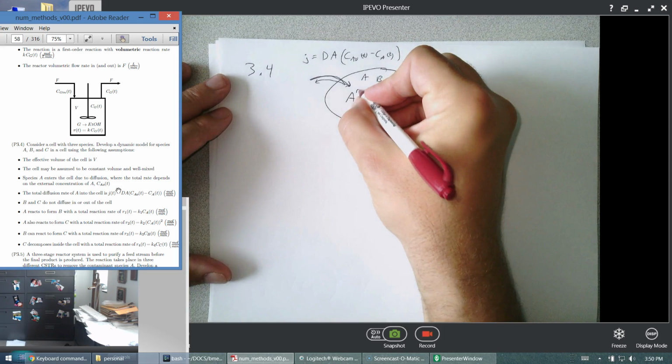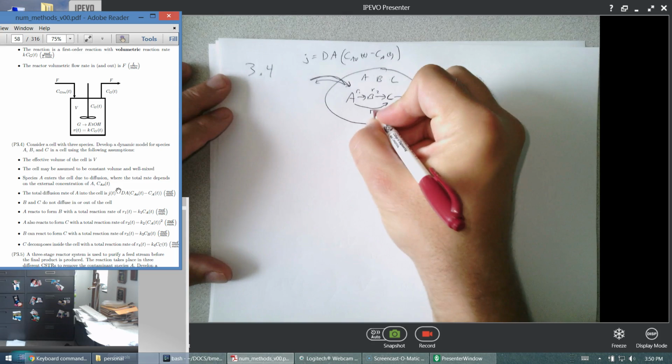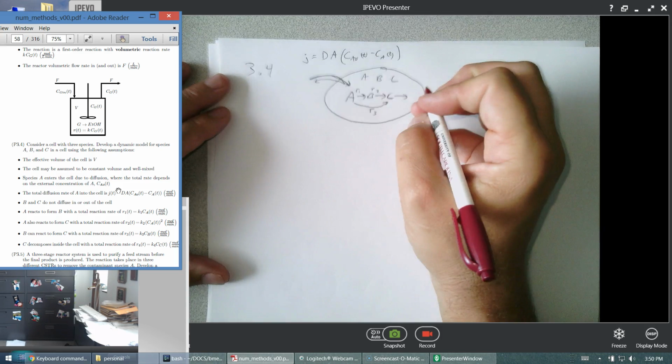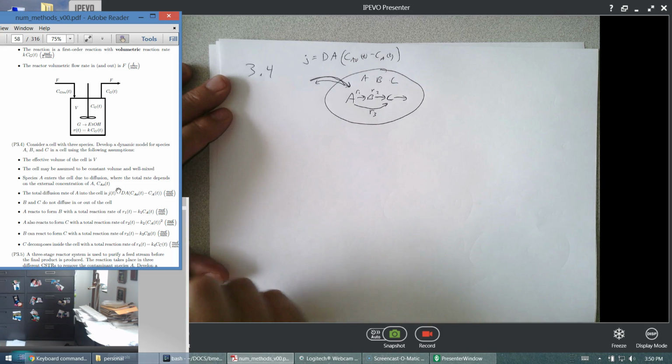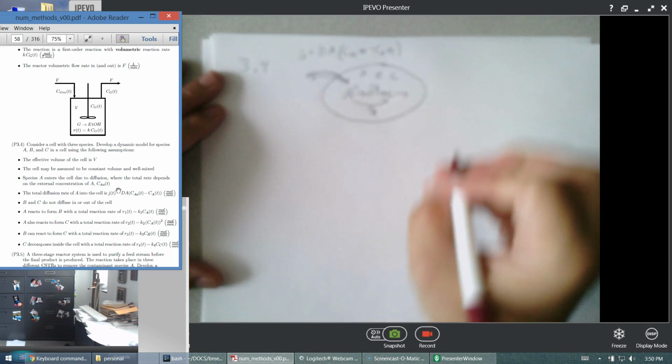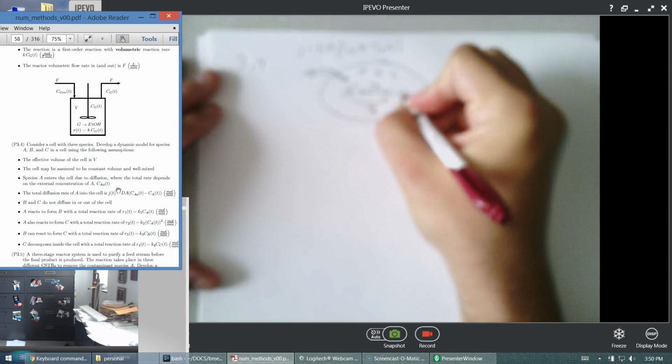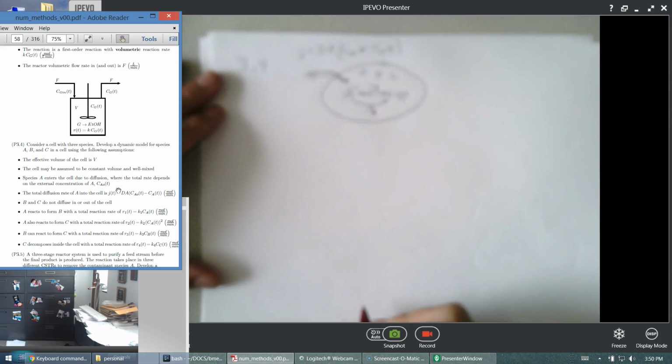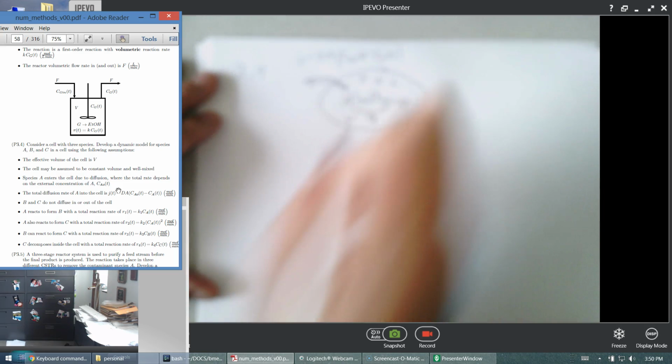This is R1, R2, and R3. This is R2, this is R3, and C is R4 for decomposition. And the total volume in the problem is V.